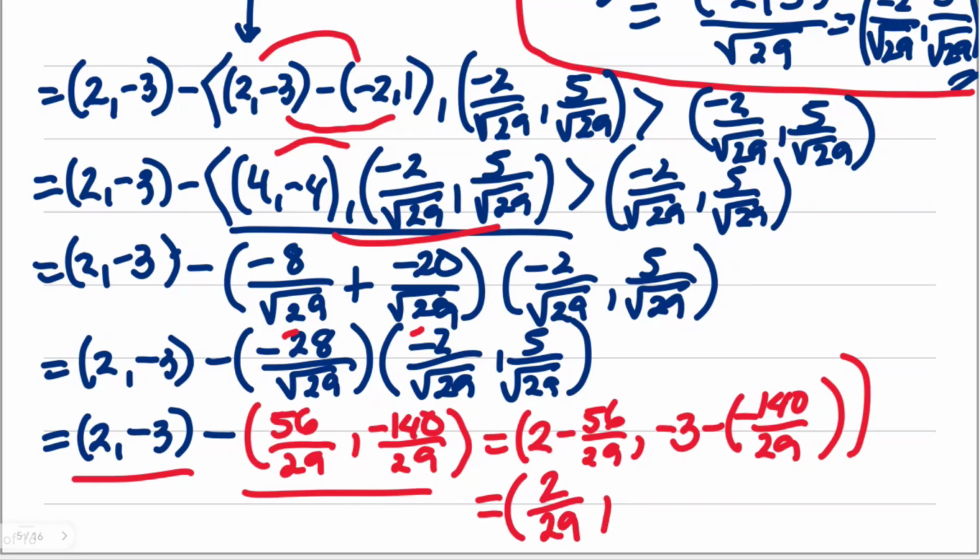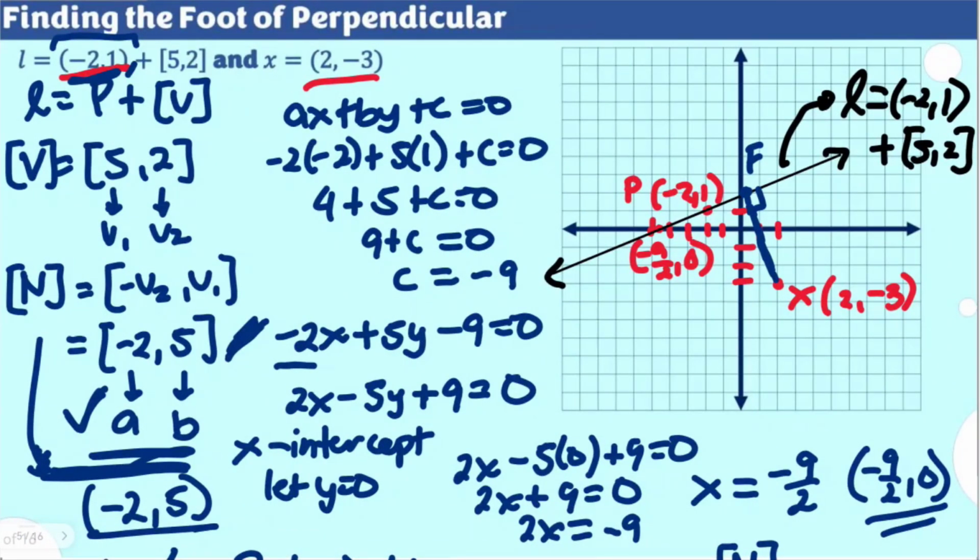And the other one is negative 3 minus negative 140 divided by 29. That's very large, so we're expecting it to be positive. So you will have here 53 over 29. Both positive, so probably our assumption earlier based on our representation is correct. That's our foot, and it's there on the first quadrant.